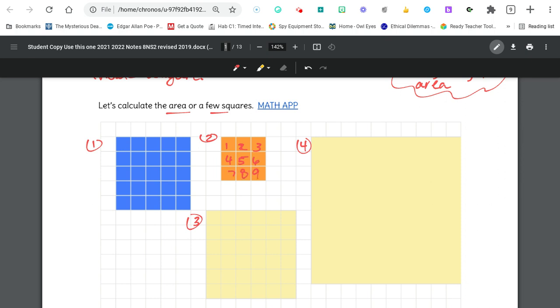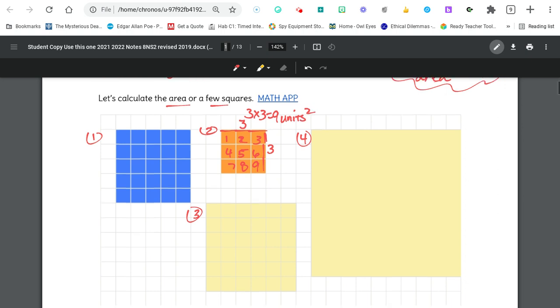It's 9 individual squares there, so we know it's 9 square units. But you could say this is 3 units long and this is 3 units wide, and just say 3 times 3 is 9. So it's 9 square units. I'm going to just put unit square.